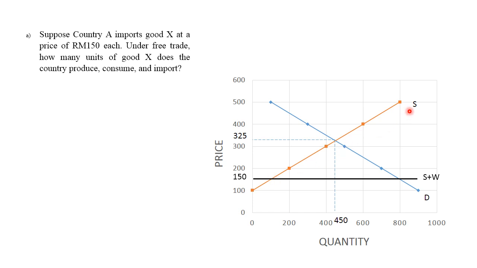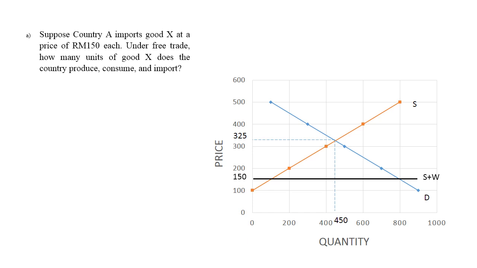This is our domestic supply, so at this point you can find how many units of good X the country produces. To determine how many units of good X the country consumes, you have to refer to this, because this is our domestic demand.